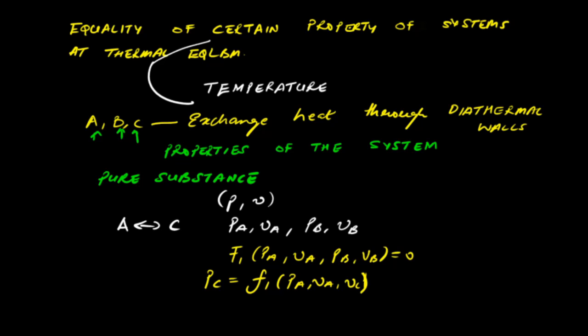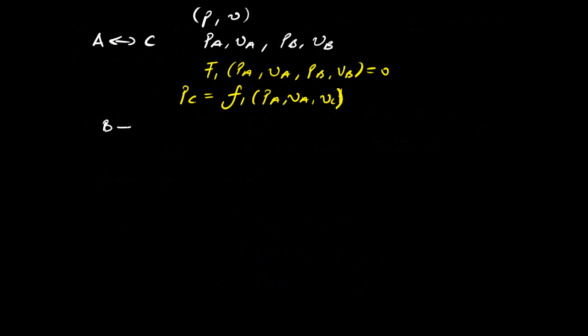Similarly, if we have, let's say, B and C in thermal equilibrium, then there is a relationship between their measurable properties, which are pressure and specific volume.